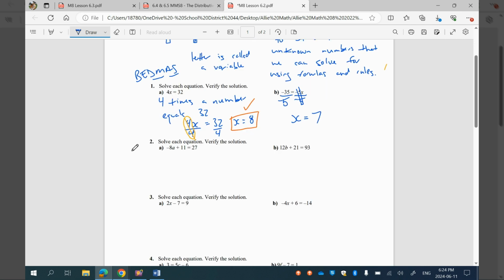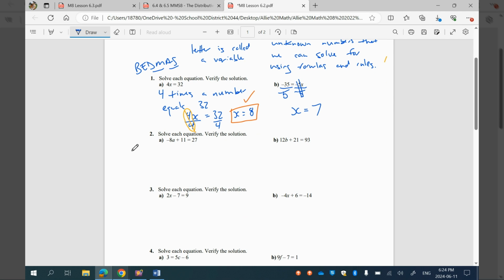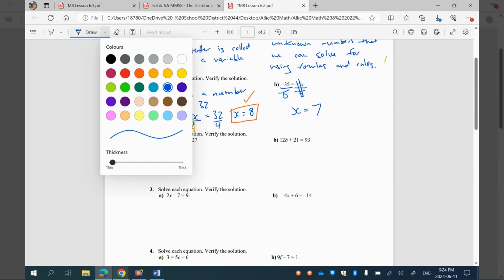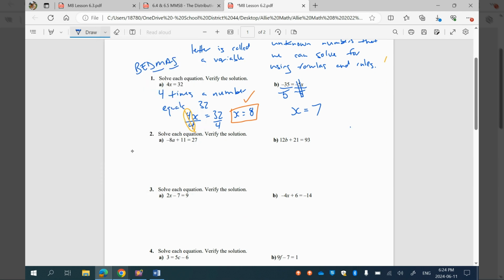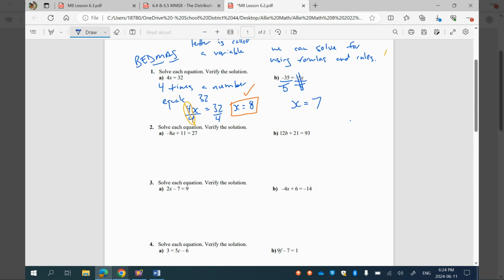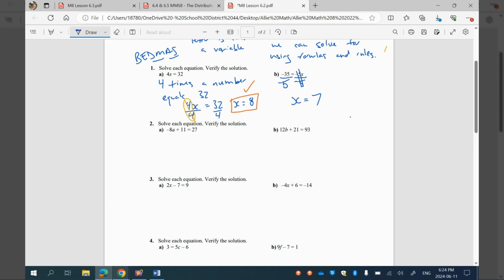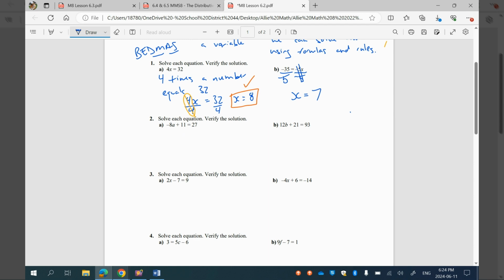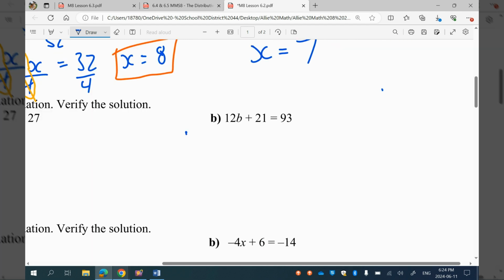Okay, let's do number 2. Now we do have another step that's happening in our equation. In the grade 9 textbook, there's this metaphor that you can build an equation and then unravel it. So if you start with the a, the first thing that's being done to our a is it's being multiplied by negative 8.